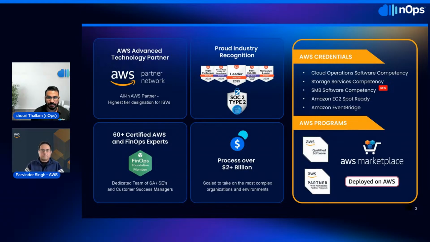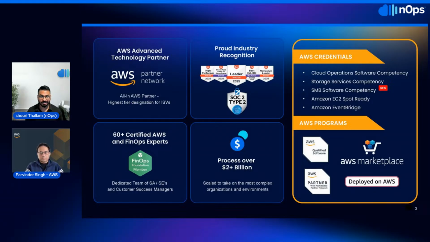Before we jump in, a quick word on who we are. If you know about NOps, that's great. For people who don't know much about NOps, we are an AWS advanced technology partner holding multiple competencies from AWS, from cloud operations, SMB, and spot ready, to storage and many other things. We manage over $2 billion in AWS spend and work directly with AWS teams around the world.